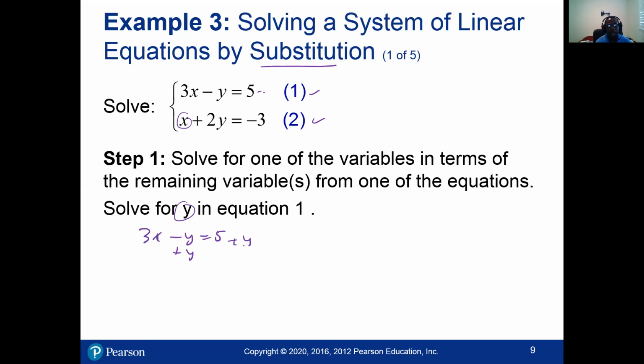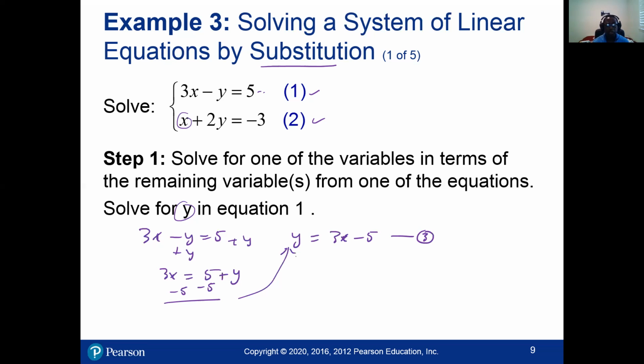I get 3x is equal to 5 plus y, and then y is equal to 3x minus 5. Subtract 5 from both sides, and that gives us this value. We can call this equation 3. It is an equivalent equation to equation 1, so let's label that equation 3.